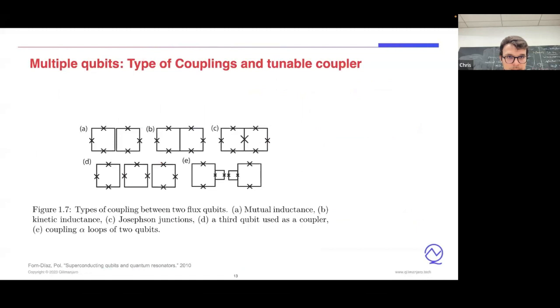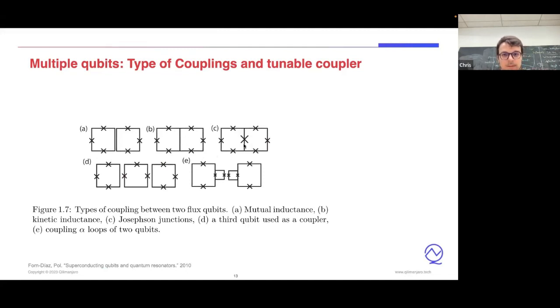And furthermore, we want more than just single qubits. And there are different ways of putting these little circuits together. So you can just put the flux qubit, so this circuit with three junctions, nonlinear inductors, just next to each other, and there's some way of interacting. You can have them share a wire.